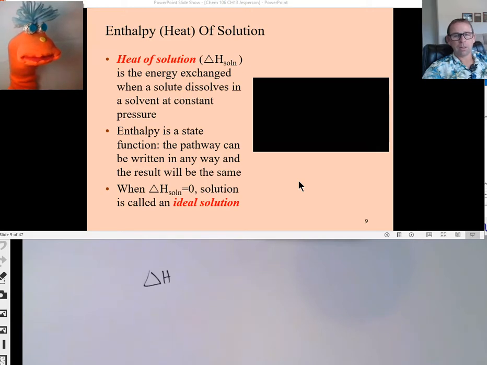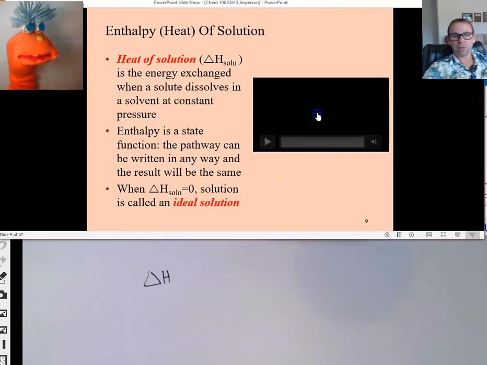All right. Now, we've talked about enthalpy of reaction, where you react one chemical with another, and the result is a release in heat energy, right? We talked about that in terms of this.